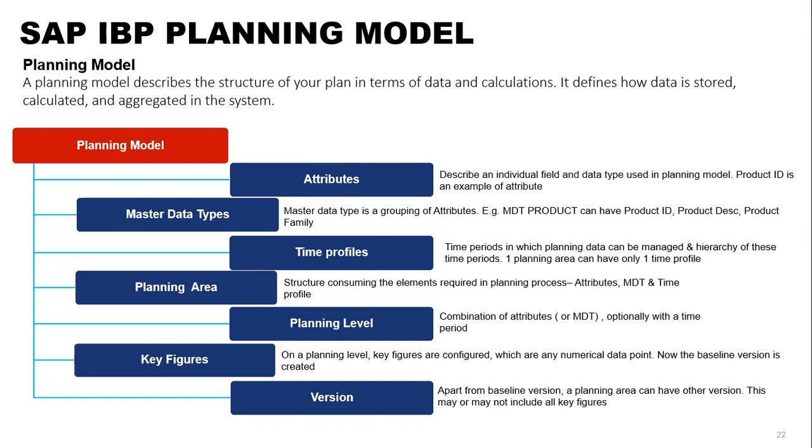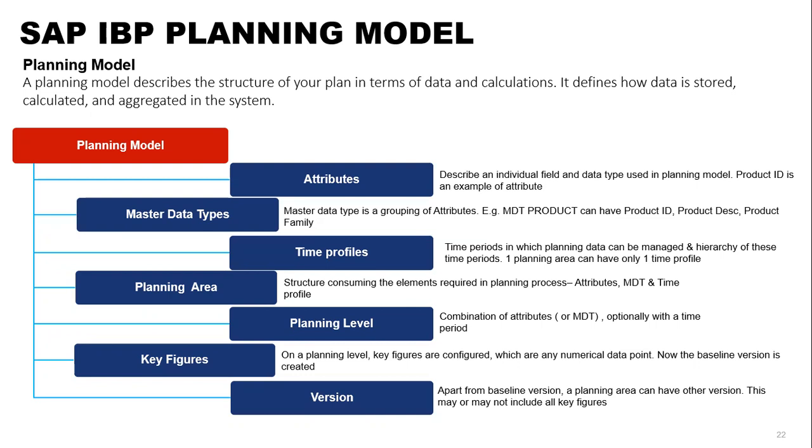Okay, so now we'll go one by one. The first thing is attributes, as I mentioned in the theoretical part. Attributes are like product ID, product description, product location. To define the product, we need certain characteristics, right? Those are all called attributes. Whatever object you are defining, whether it's a product or a location, that is the master data type.